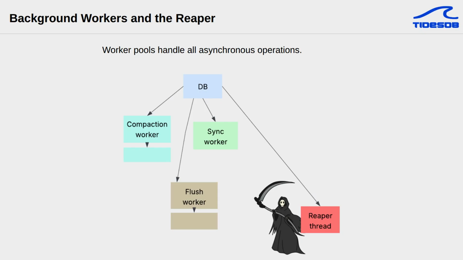The Reaper thread essentially acts like a reaper, right? It deals with file handle eviction. If there are a lot of SSTable files globally for the database instance, by default it's 512 file descriptors.